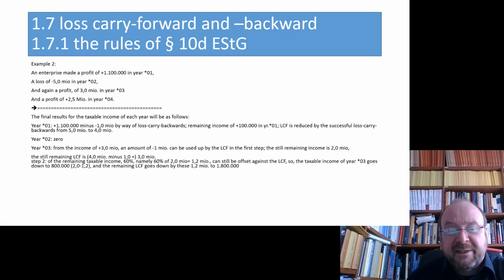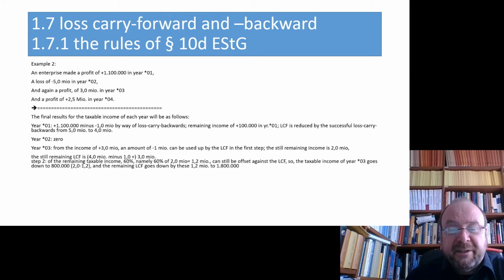The remaining taxable income can be used with 60% to be set off against the loss carry forward. 60% of 2 million remaining income is 1.2 million this year. So we have a loss carry forward which is higher, so we can use up the 1.2 million completely against the loss carry forward. And by the way, under German rules, a loss carry forward is not an optional thing, it's compulsory. So it cannot only be done, it will be done.